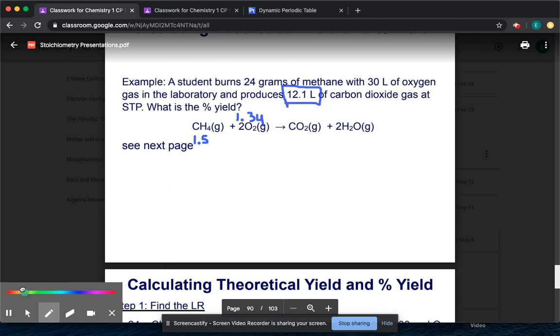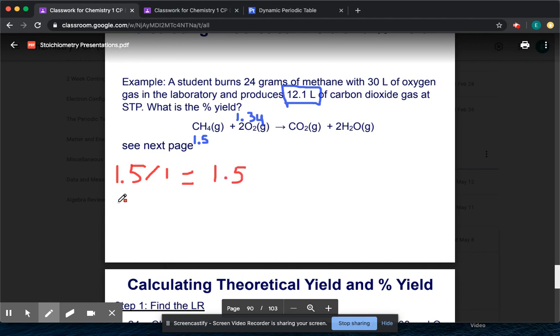Okay. So now that we know how many moles of each we have, now we got to figure out which one is limiting. So the coefficient in front of the methane is 1, the coefficient for the oxygen is 2. So then we would do 1.5 divided by 1, which is going to be 1.5. I think right away you can see which one's going to be limiting.